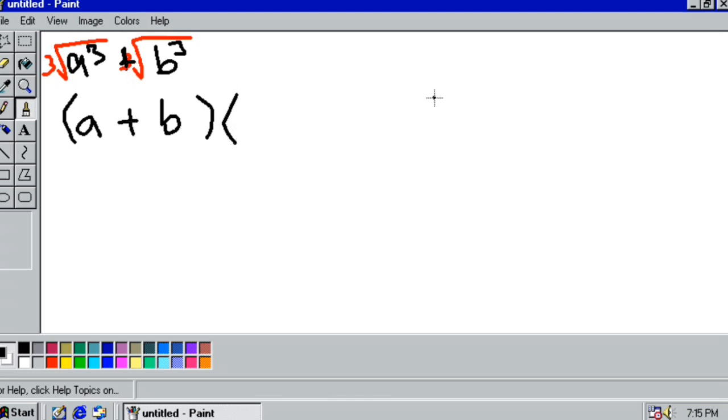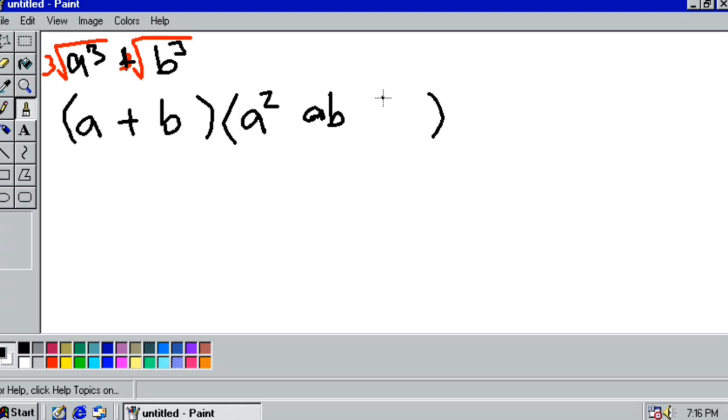So we're gonna set up another parentheses for the trinomial. The first term, you're gonna square it. So a times a is a squared. For the second term, you're gonna multiply the first and the last terms. So a times b is ab. Now for the third term, we're gonna square the last term.